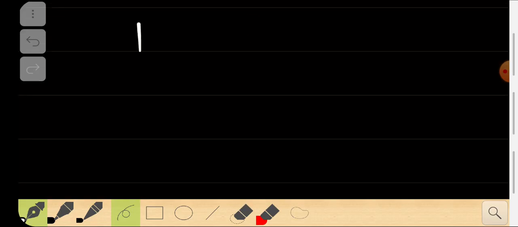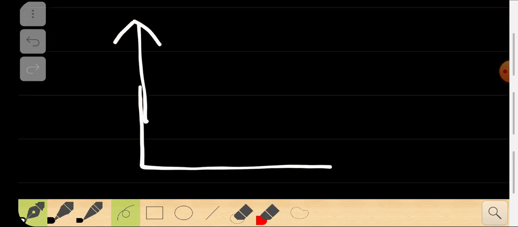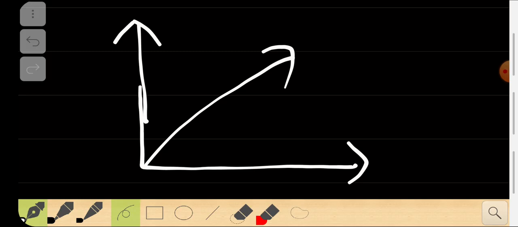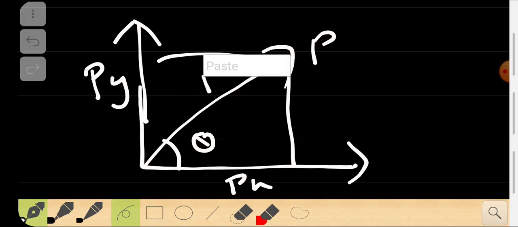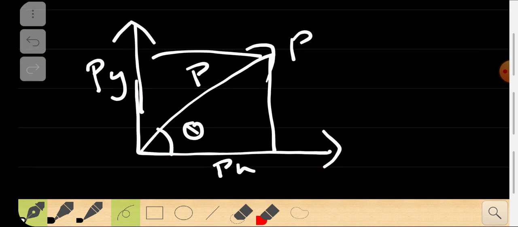So for that, we do the same coordinate system, and we draw the vector, and we say that vector p has an intercept of px here and py here. Okay, and if you introduce an angle theta in here, and the vector has a distance p, the length or the magnitude of the vector is p, then you can use trigonometry and find the ratio of these sides.